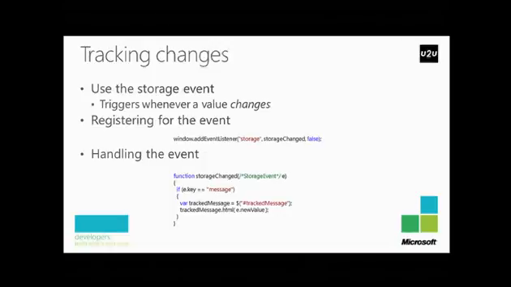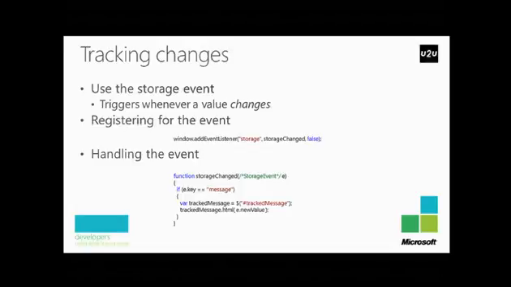By the way, what about tracking changes? Well, if you have local storage, you can actually ask the window, could you tell me when there's a storage event? So you can say, window, tell me when there's a storage event. And that will then call this method, and in the method you can figure out what was modified in storage. You're going to get a key in local storage which was modified, and then again you can react to that.